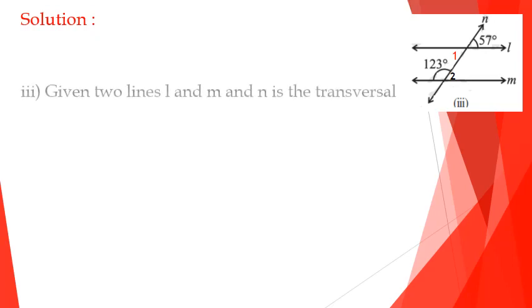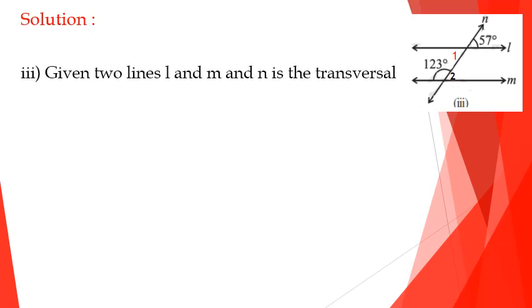Next, the lines L and M are given and N is the transversal which intersects the lines L and M. Look at the figure carefully. Here also alternate interior angles are not given, interior angles on the same side of the transversal are also not given, and corresponding angles are also not given.